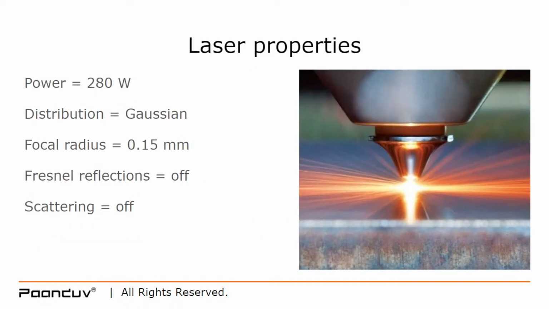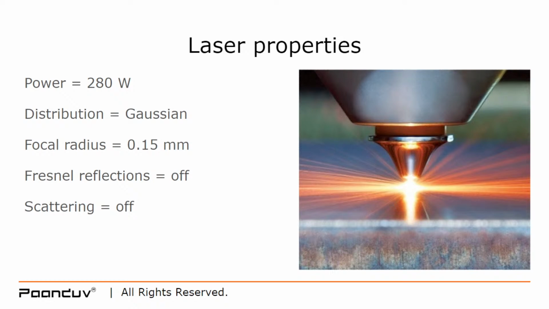Moving on to the laser properties, we are using a laser of 280 watts with a Gaussian distribution. We have other possibilities for distribution as well in OpenFOAM, but we went with the most realistic one, which is Gaussian. The focal radius of the laser is 0.15 millimeters, so you can see we are fairly in the macro scale regime.